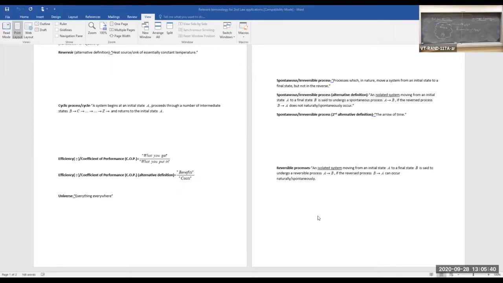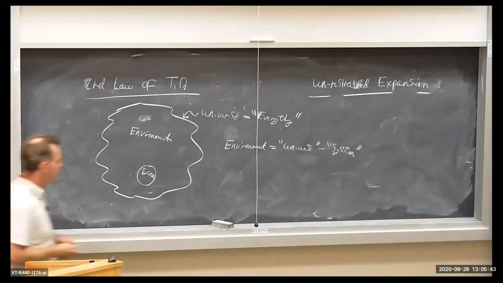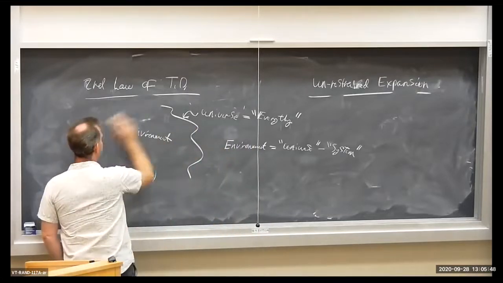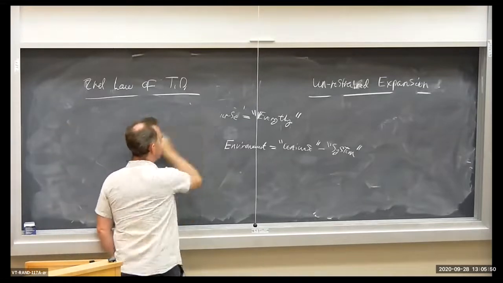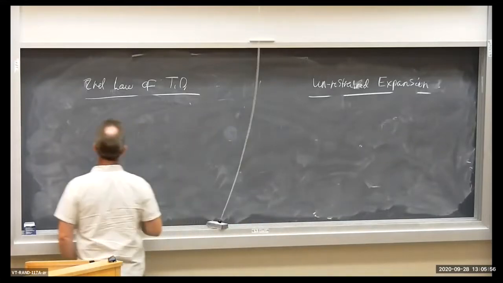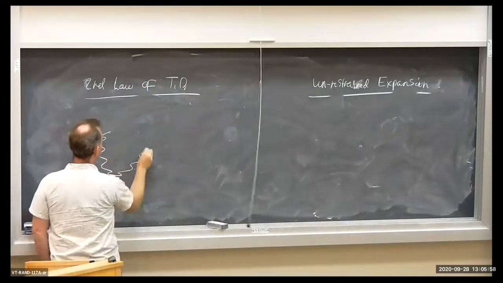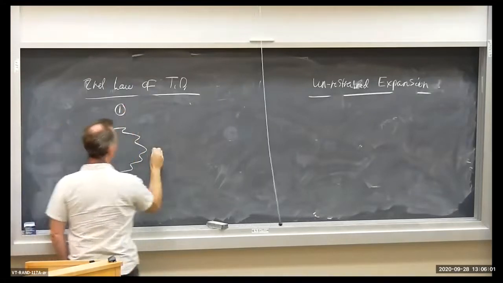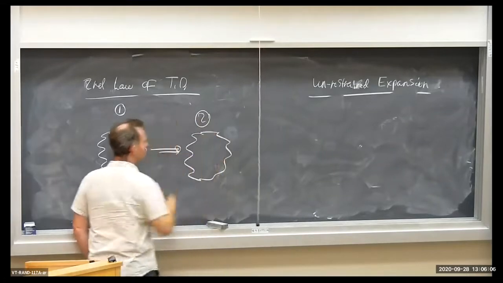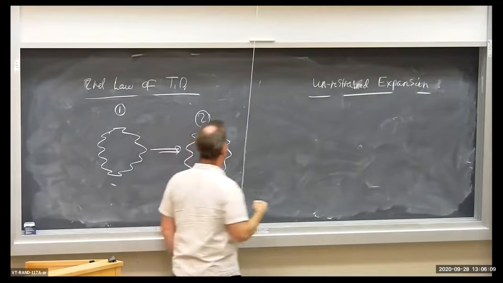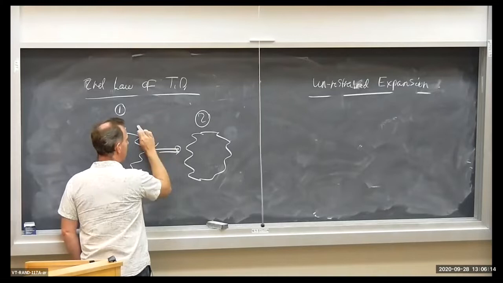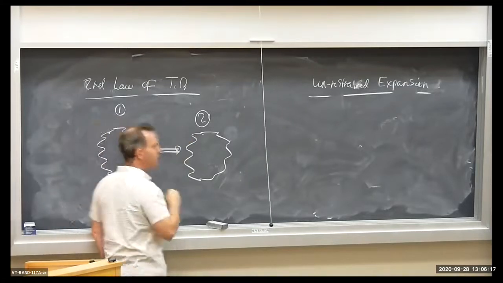Okay, so for the bottom one, we can have a system moving from an initial to a final state, and it can go in any direction. So here we have our system. It's going from state 1 to state 2. This process can go in either direction, state 1 to 2 or 2 to 1.